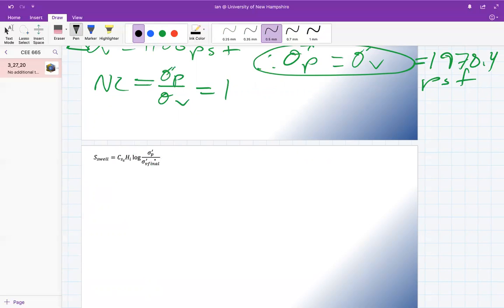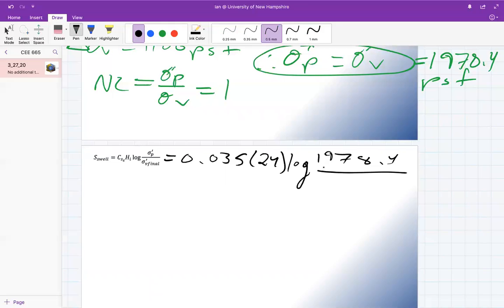So using this equation, I'm going to plug and chug from what we've already found: 0.035 times 24 feet, which is for the whole clay layer, times the logarithm of 1978.4 over 878.4.